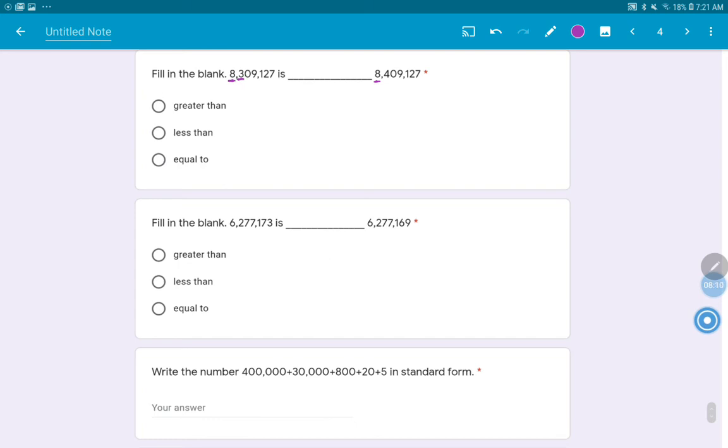I have 300,000 and 400,000. I know that 400,000 is more, so my answer is going to be less than. 8,309,127 is less than 8,409,127.